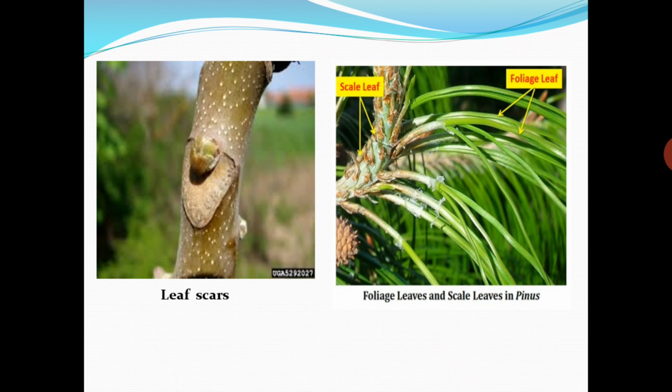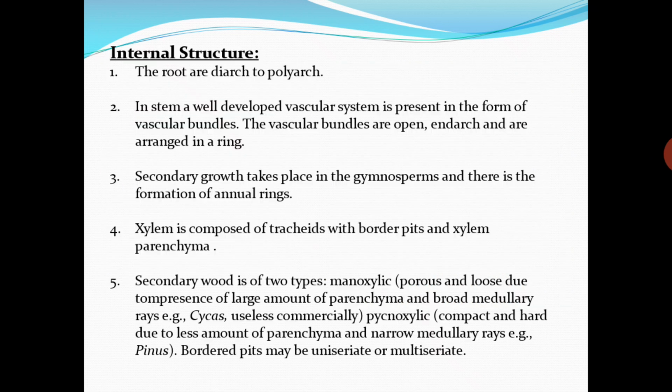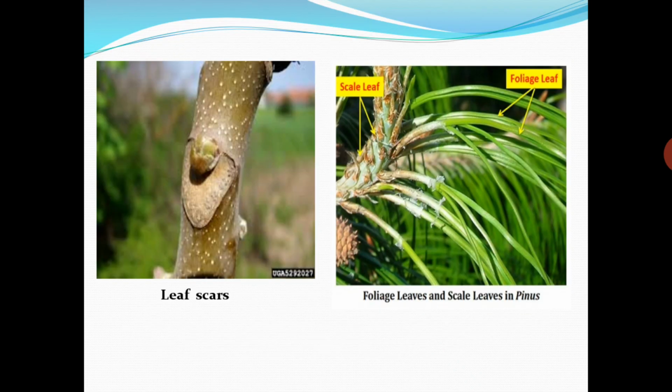In another picture you can see small scaly leaves and large green foliage leaves also present, right. Foliage leaves help in photosynthesis, and in pinus they are small, and in cycas they are large. Small scaly leaves are meant for protection and are present at the apex or near the reproductive organ.